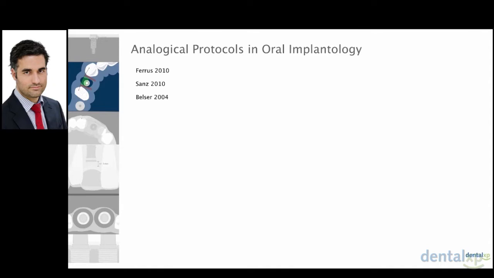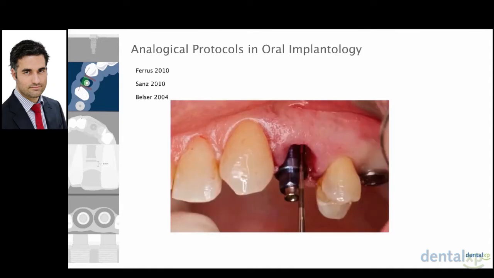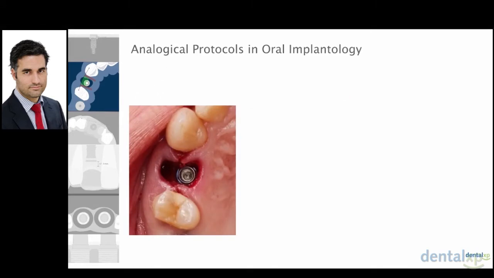After drilling, we also check where is the shoulder of the implant. That should be 3 millimeters from the gingival margin. This is what the literature says, and what is described if you want to achieve an aesthetic result. Here you can see that we are probing, and we check that the implant is okay, the position is correct.